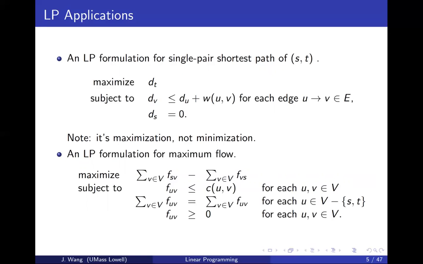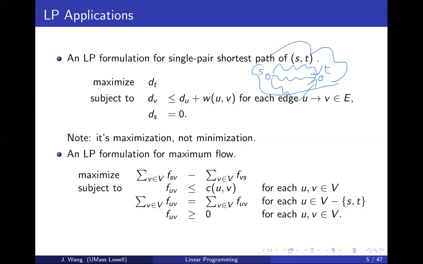The first application we are looking at is to find a single pair shortest path from S to T. So let's say you are given a directed graph, and you are given a node S and a node T. From S to T, there may be more than one path.